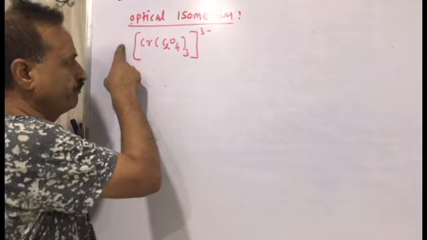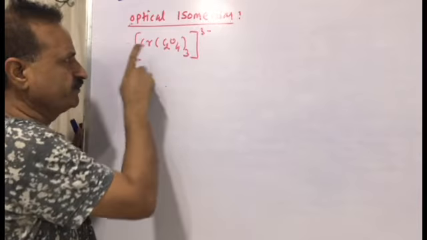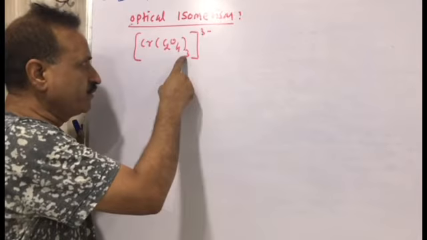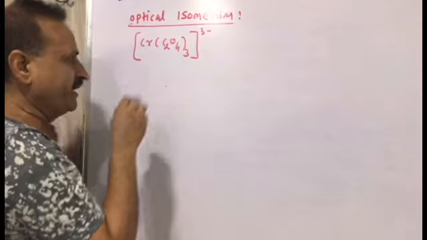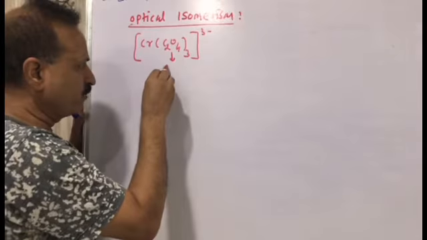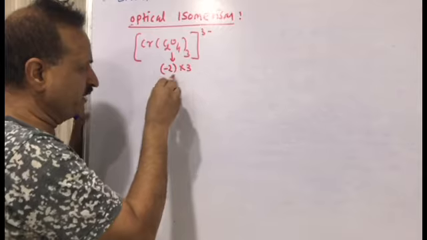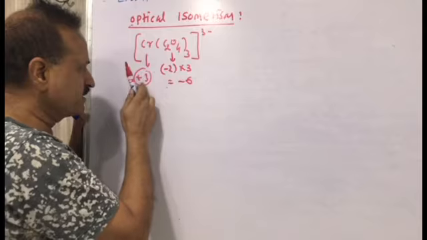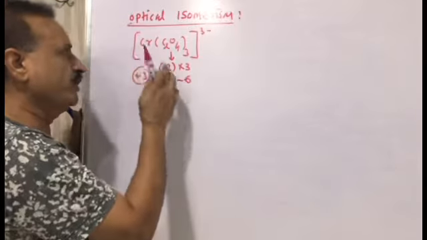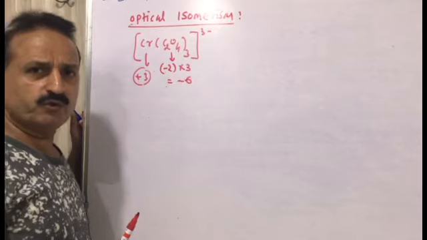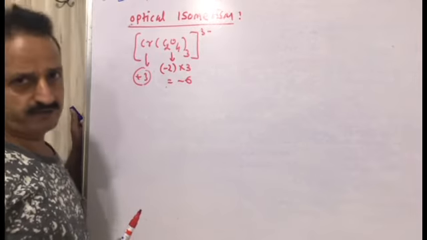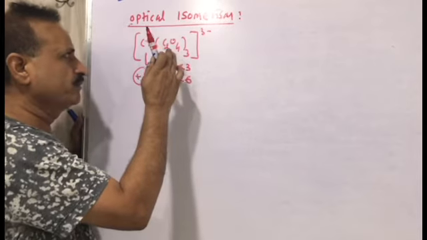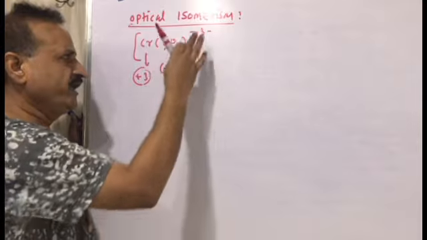If we put K3 over here, then it is potassium, so it is not chromium but chromate. Oxalato has a 2 minus charge and there are three, so the total is minus 6. Chromium is 3 plus, so minus 6 plus 3 leaves minus 3. So it is a negative complex, and the metal gets the name chromate. Again, trioxalatochromate(III) ion.